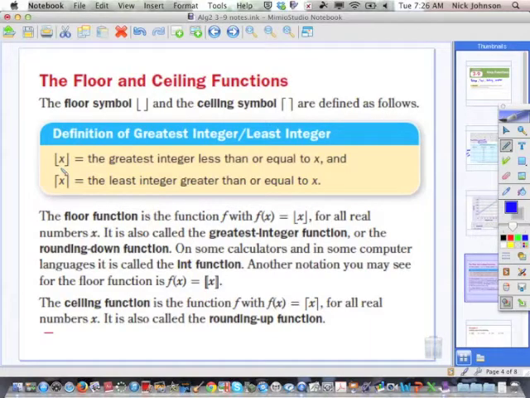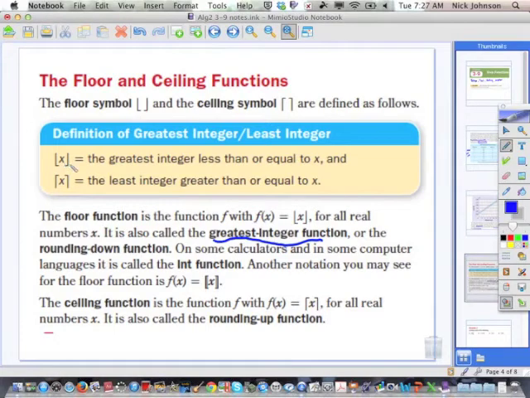This is what we call the greatest integer and the least integer functions. You'll hear me call that too. This is called the greatest integer function. The floor function is the function f with f of x equaling this right here. For all real numbers x, it is also called the greatest integer function or the rounding down function.